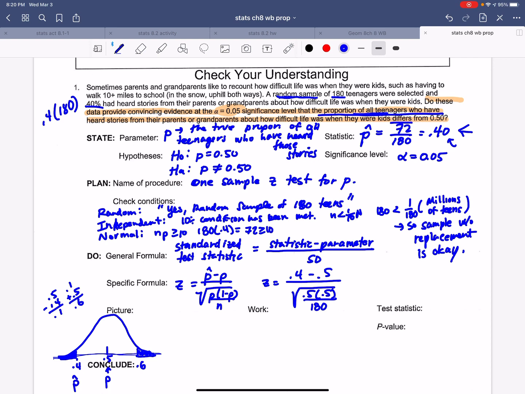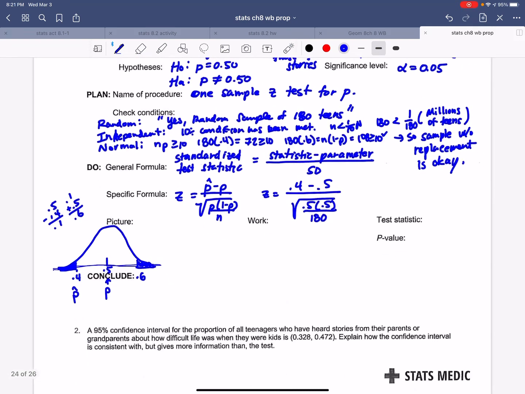That's greater than 10. And 180 times 0.6, which is the same thing as n times 1 minus p, right? That would be 108. Yeah, and that's greater than 10. So normal is going to be totally fine, and we're going to proceed.